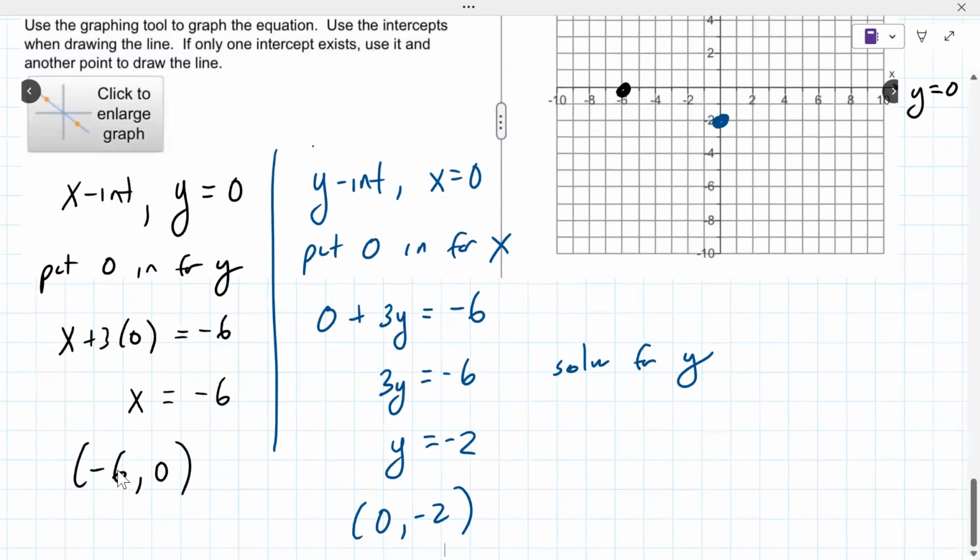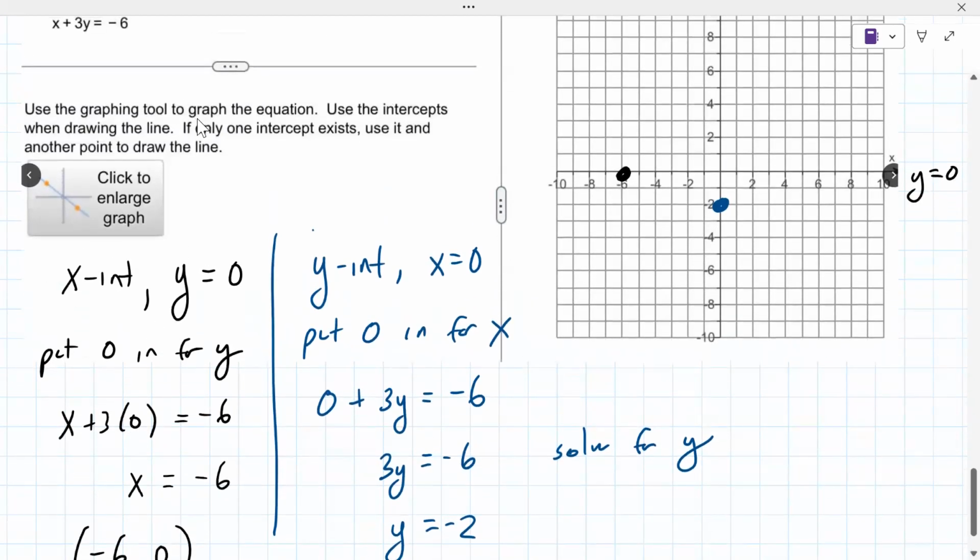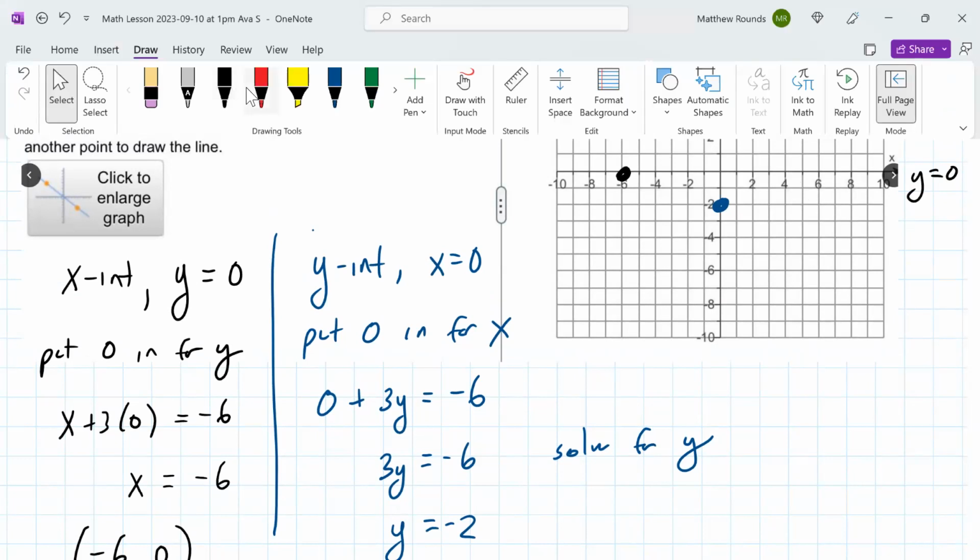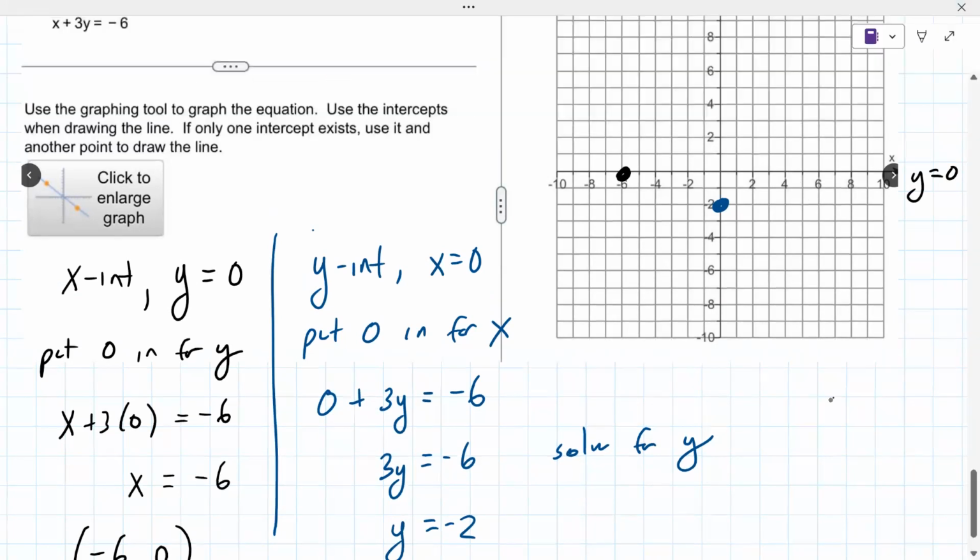So when you look at the ordered pairs, the x-intercept has an x value, the y-intercept has a y value. You have those two ordered pairs. So when you're using this approach, you're going to be connecting dots on the line. Make sure you've got those graphed and check your answer here. Yep, I got it. Okay, excellent.